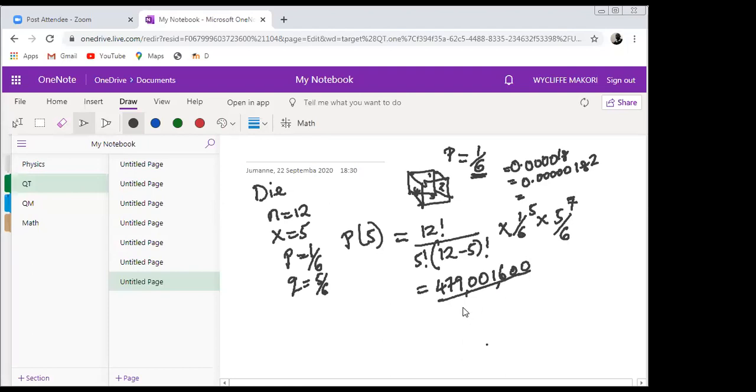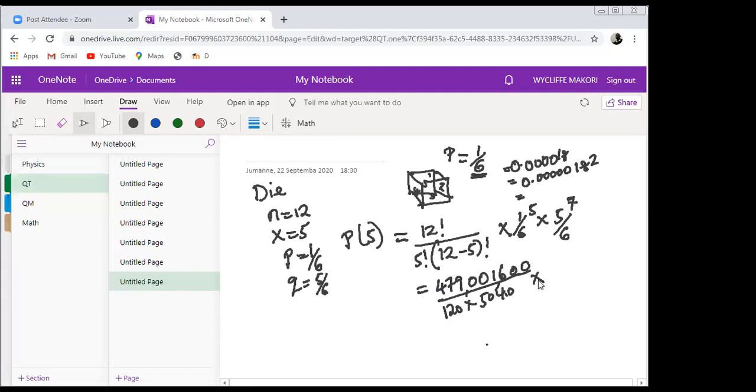What about the 5 factorial? 5 factorial here. What is the answer? 120. Times 12 minus 5 is 7. What is 7 factorial? 5040.